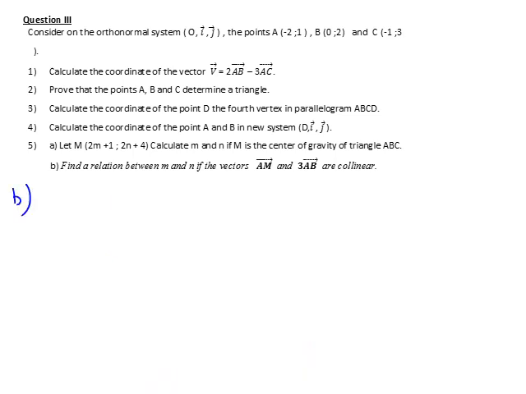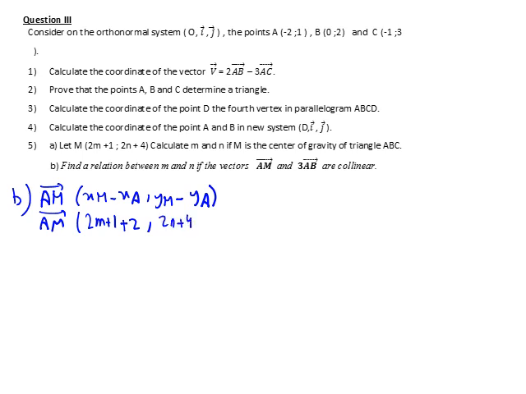B. Find a relation between M and N if the vectors AM and 3AB are collinear. First, find the vector AM. It is XM minus XA, YM minus YA. So AM: XM is 2M plus 1 minus XA, plus 2; YM is 2N plus 4 minus YA, minus 1.